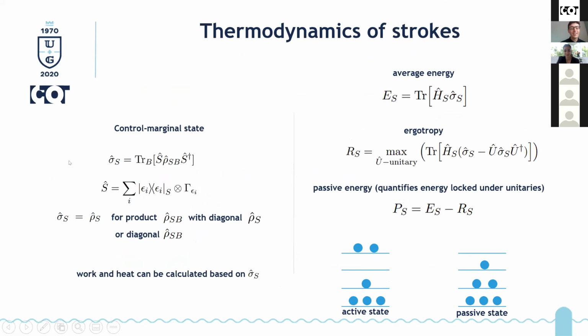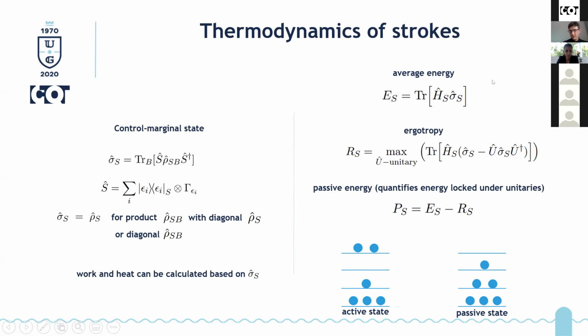So the main tool is the control marginal state, and this control marginal state is defined on the Hilbert space of the system, but it takes into account correlations that develop between the system and the battery. This state is defined through this control translational operator that, as you see, uses the symmetry of the battery.